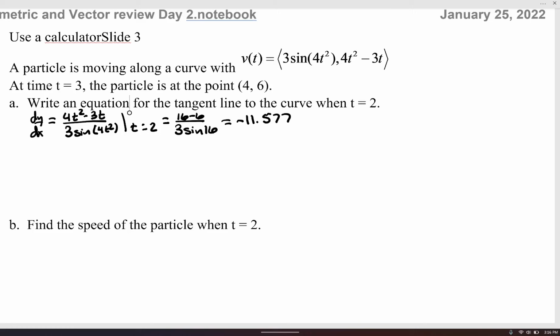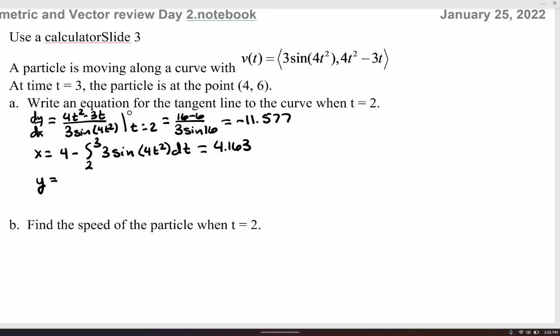And since we're backing up, x is going to be equal to 4 minus the integral from 2 to 3 of 3 sine of 4t squared dt. And that ends up being, after you use a calculator, 4.163.